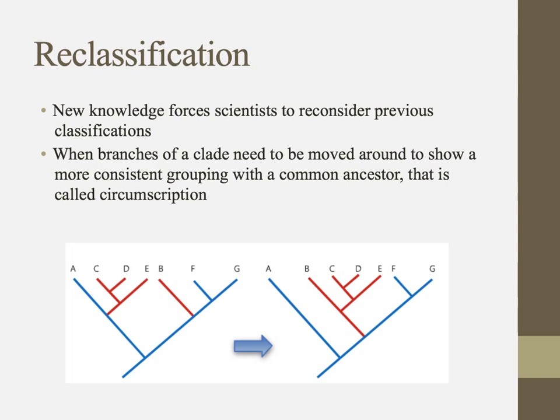Let's say I do some deeper digging into DNA sequences and I find out that in fact, okay, A and B had a common ancestor, okay, that split much sooner than C, D, and E. Well, if I need to move something around to show a different pattern in the evolutionary relationship than what I was seeing before, that's okay. Cladistics is totally flexible that way, and that is something called circumscription. Okay, moving these evolutionary relationships around in a cladogram.